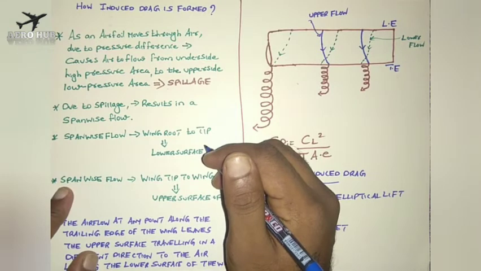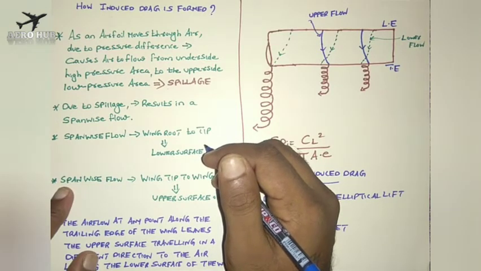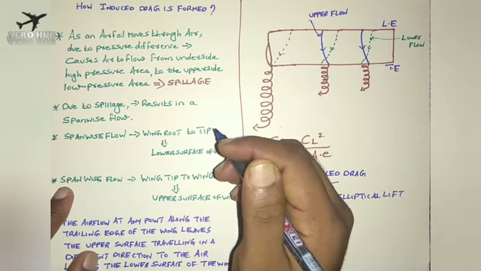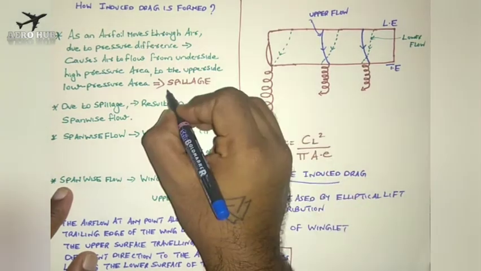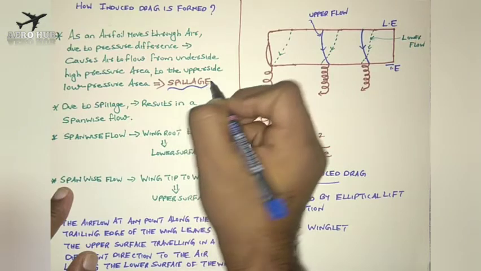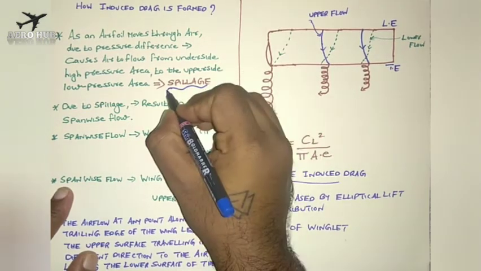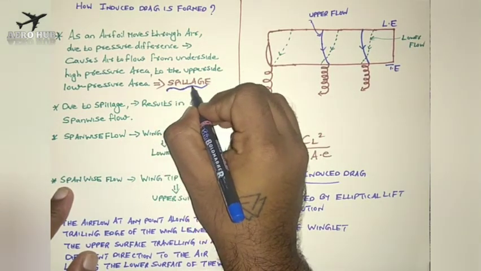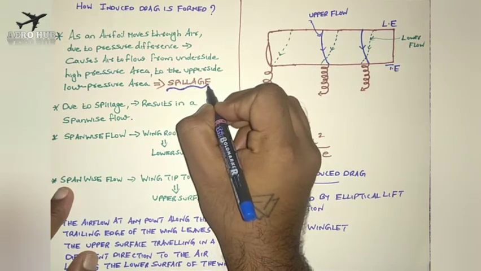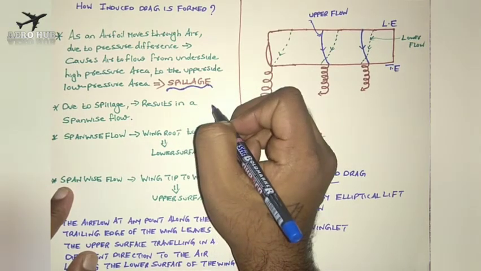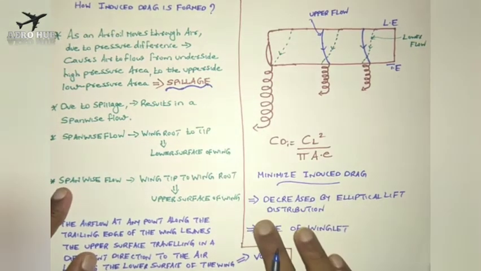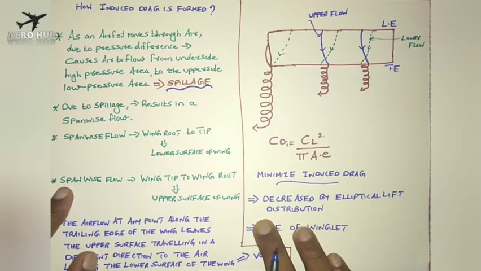I repeat, the air from the lower surface will flow to the upper surface due to the pressure difference, because there will be high pressure at the underside of the wing and low pressure at the upper side of the wing.